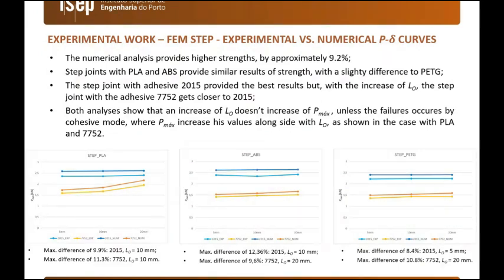Once again, the numerical analysis overestimated the experiment, in this case by an average value of 9%, and the step joint with ABS shows similar strength with a slight difference to PETG.